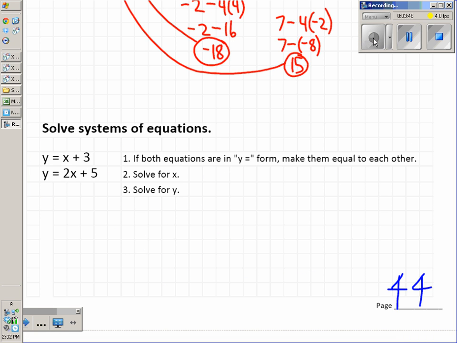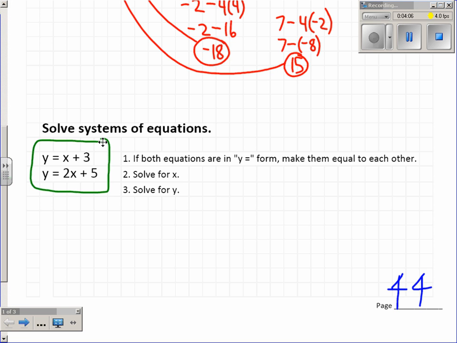All right, so the first three problems that we did are where you're given a coordinate pair and you have to say whether that's a solution or not for the systems of equations. The other way that we can ask you problems regarding the systems of equations is where we give you the systems of equations like we do here, and we actually ask you to solve and find the coordinate pair that is a solution for those two lines.